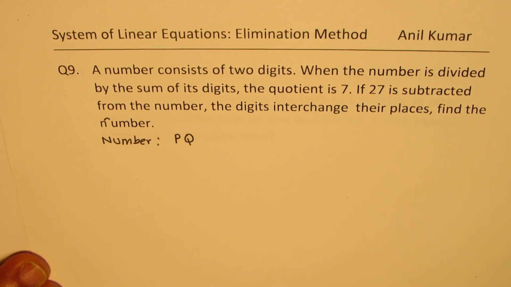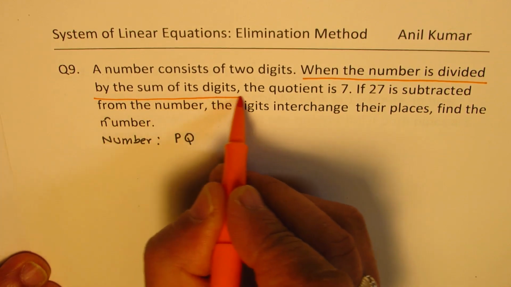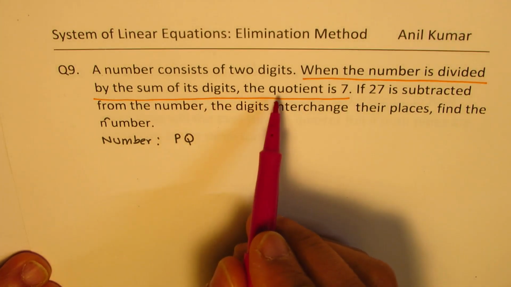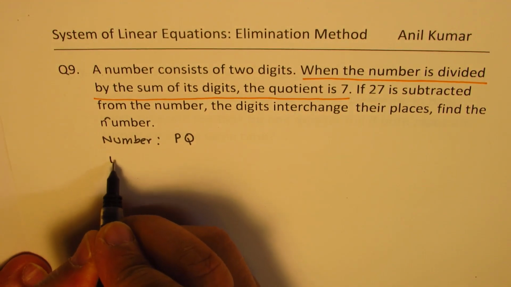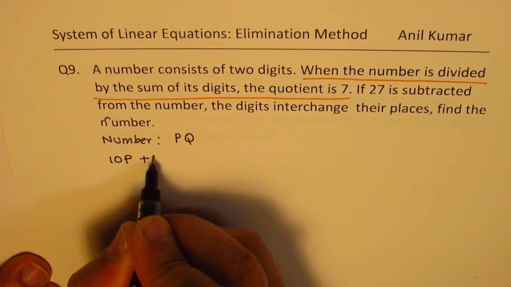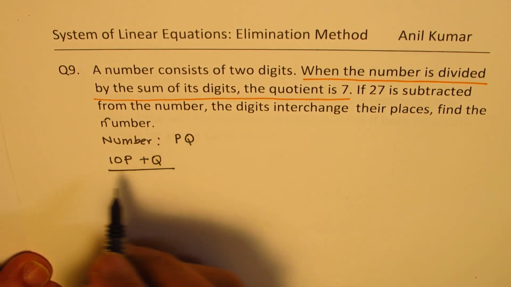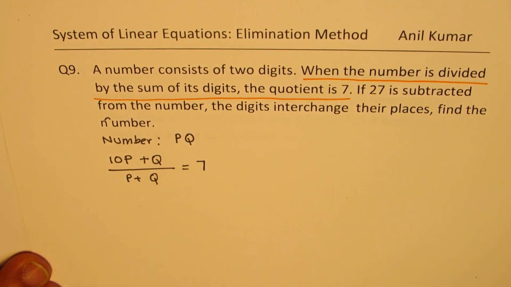How do we write this equation? So the number is what? Number is 10 times P plus Q. That is the number, right? Divided by sum P plus Q. The quotient is 7. Is that clear to you?